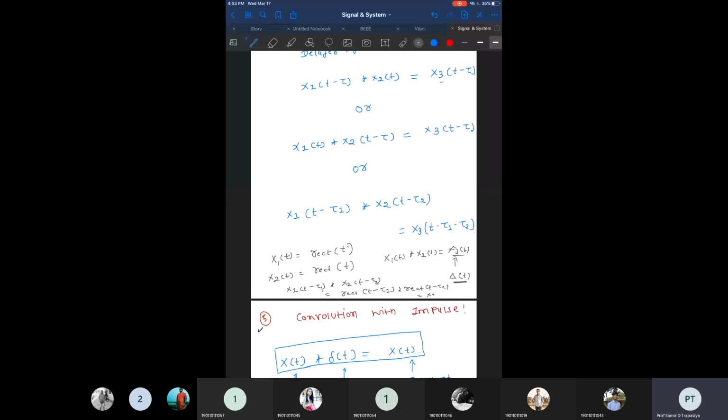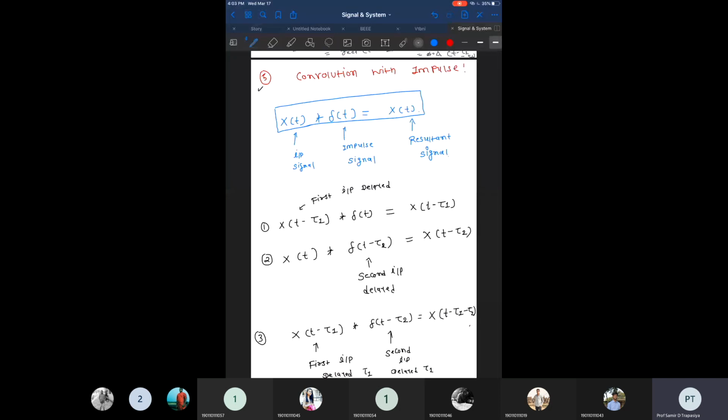And if the first signal x is delayed by tau 1 and the unit impulse signal is delayed by tau 2, then the resultant signal is delayed by the total of the first signal delay plus the second signal delay. So the output signal is x of t minus tau 1 minus tau 2.